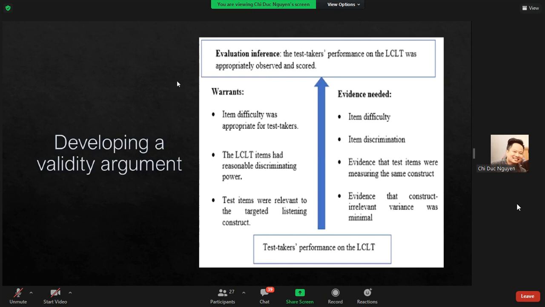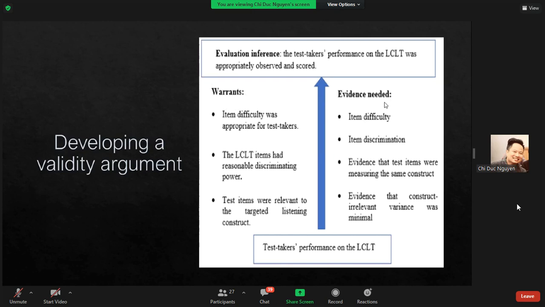Having that said, the first step in this validation is that we need to develop a validity argument. That is about the evaluation argument, and another name for this is evaluation inference. So first make the claim together with warrants and evidence.